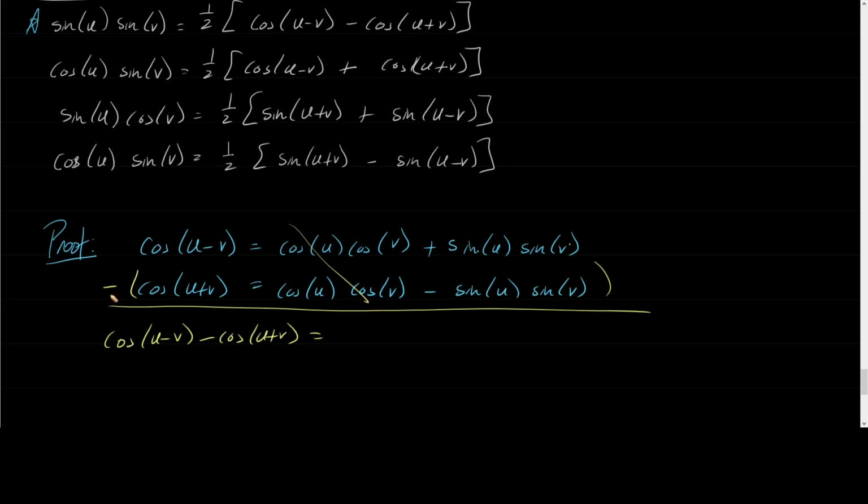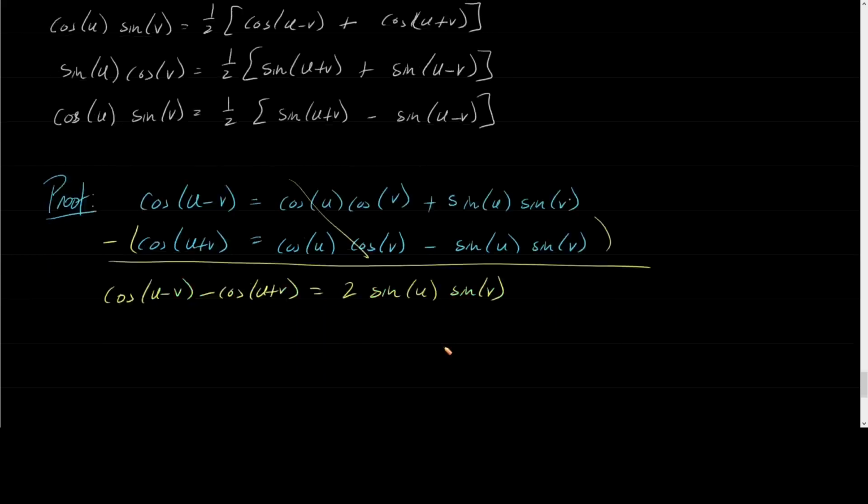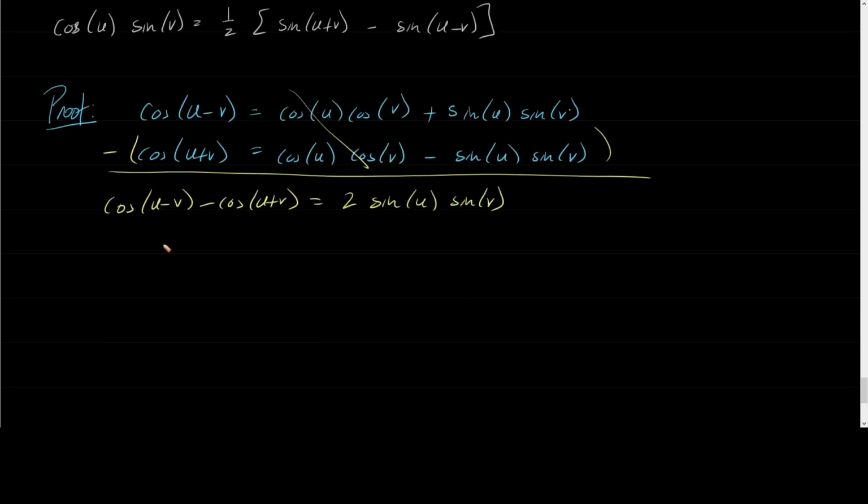Sine u sine v minus a negative sine u sine v, well, minus negative means plus. These are both the same, so I end up with 2 sine u sine v. At that point, if I divide both sides by 2, I end up with 1/2 times cosine of u minus v minus cosine of u plus v being equal to sine of u times sine v.